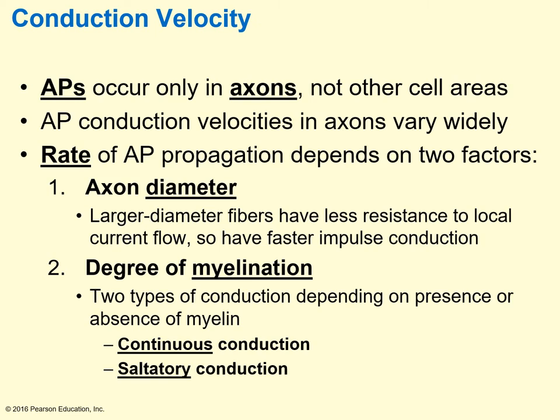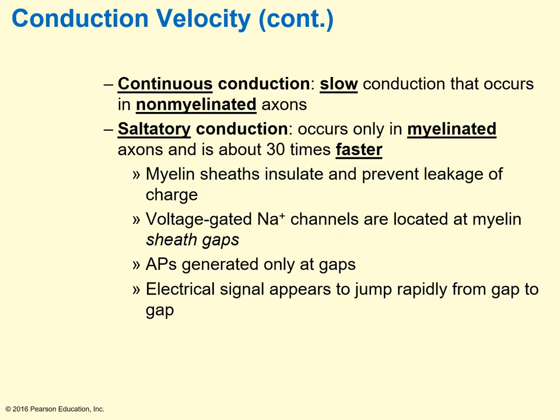So your fastest example of a nerve impulse going down the axon is going to be with a very large myelinated axon. That would be the fastest. The slowest would be a very small diameter fiber that is not myelinated. Continuous conduction is slow on the non-myelinated axons, and then the saltatory conduction, that's only with the myelinated.